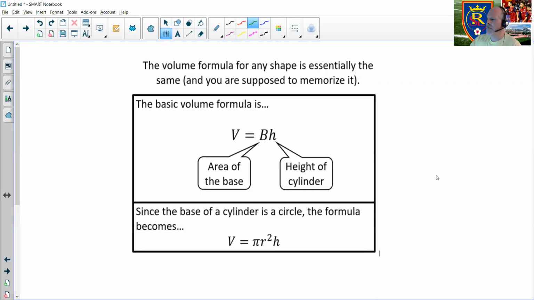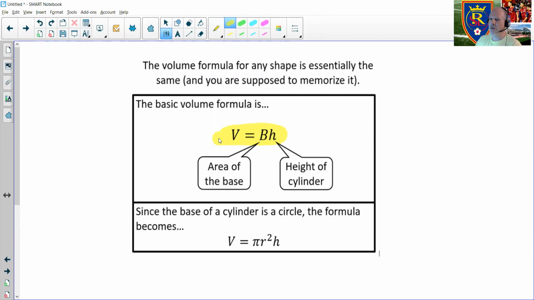And you can see it on the screen here. That fundamental formula is V equals capital B times H. And it's important to note here that the capital B stands for the area of the base of the figure. And we could have different shapes for the base.